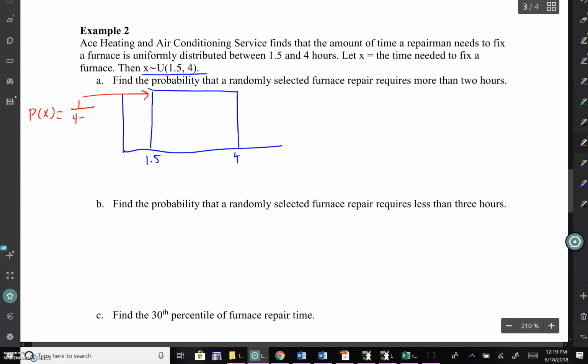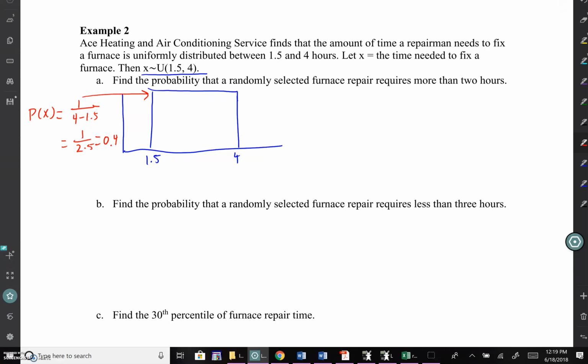So 4 minus 1.5. So 1 divided by 2.5. What does that give you? 0.4. So the probability of each event is going to be 0.4.